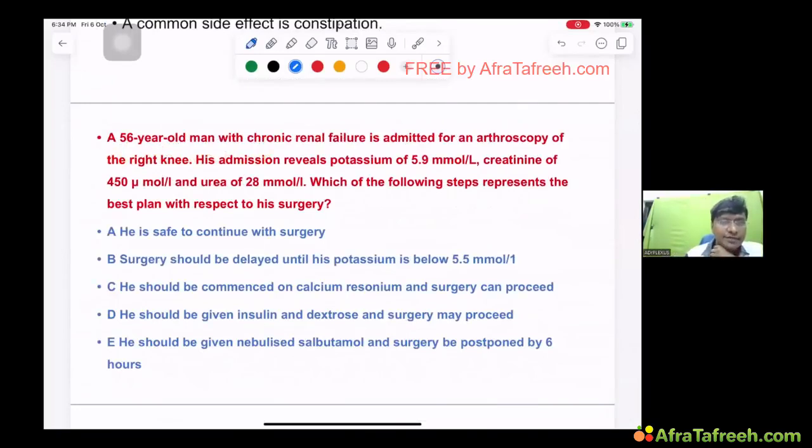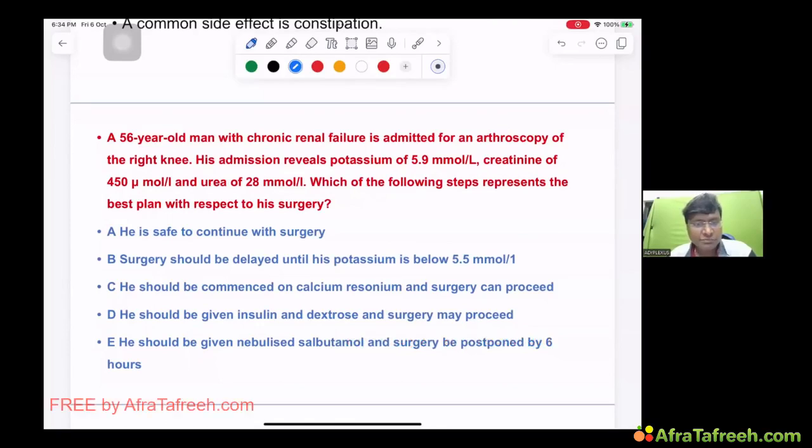A 56-year-old man with chronic renal failure is admitted for arthroscopy, right knee. Admission reveals potassium 5.9, creatinine 450 micromoles per liter, urea 28. Which of the following steps represents the best plan with respect to his surgery? Right, good. So there is a potassium level of 5.9. Hyperkalemia is there, so definitely you need to treat that hyperkalemia.